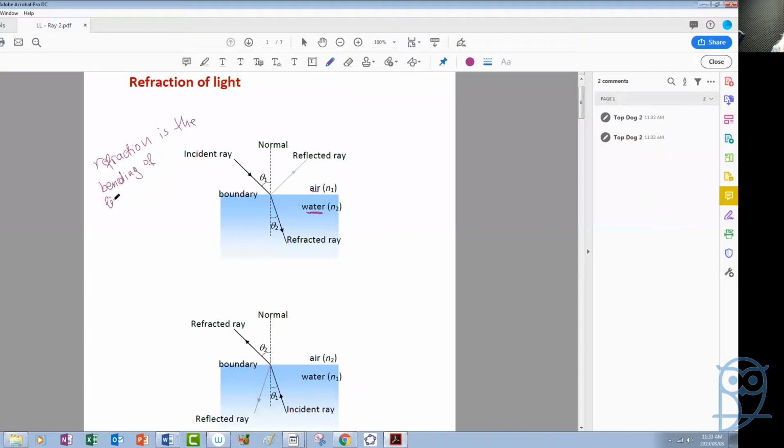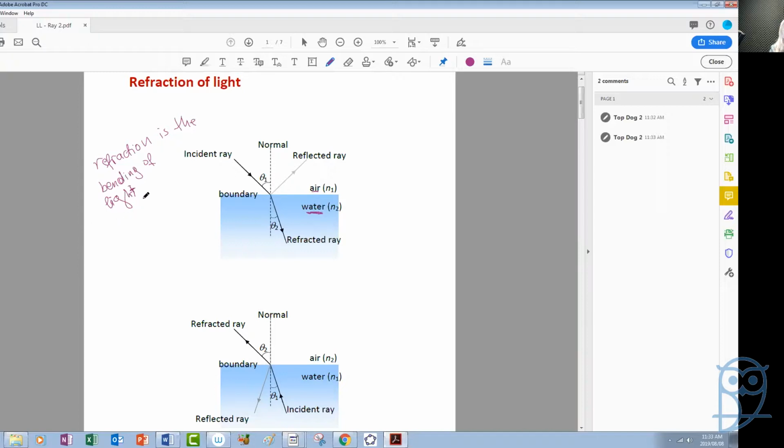And this bending is due to the fact that it travels at a different speed inside the second medium. So the phenomenon is the bending, which is the refraction, and the cause of this refraction is the travel at a different speed in the second medium.